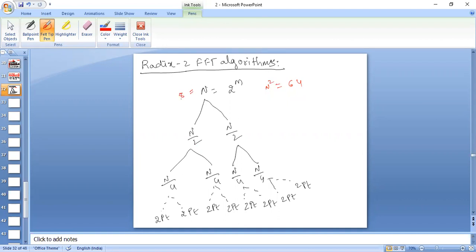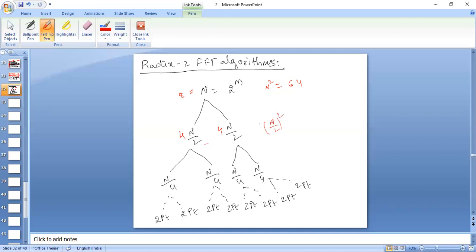So మనం decomposition start చేస్తే this 8 point DFT will result in 2 4 point DFTs, right? n point DFT ని కంప్యూట్ చేయడానికి n square multiplications రిక్వైర్ అయితే n by 2 point DFT ని కంప్యూట్ చేయడానికి మనకి n by 2 whole square multiplications రిక్వైర్ అవుతాయి, right?